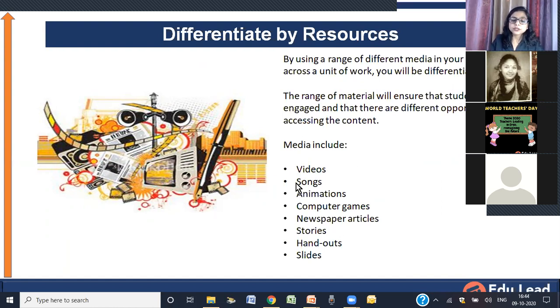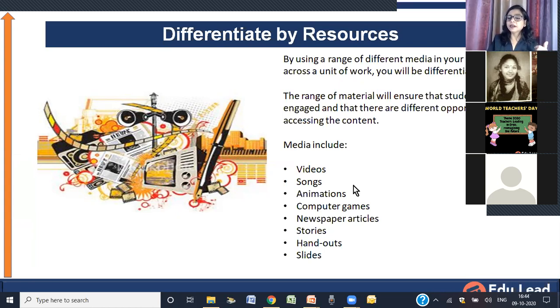It could be videos, songs, animations, computer games, newspaper articles, stories, handouts, slides, demonstration kits, anything you can use inside the class. When you're using a variety of different resources, you are differentiating, because with each resource you're reaching out to some child or the other, right? So these are the various ways by which we differentiate.